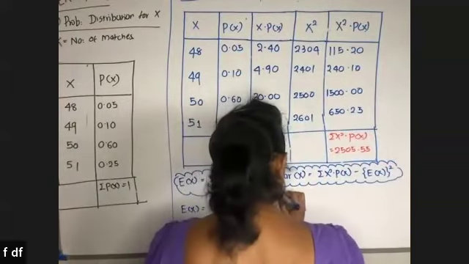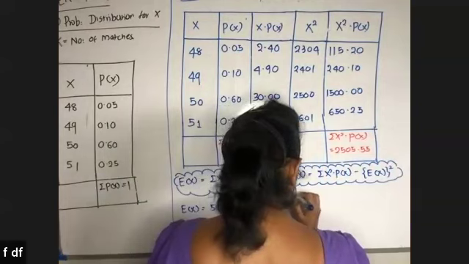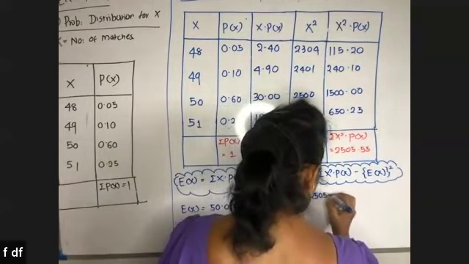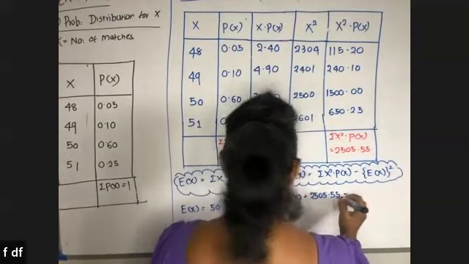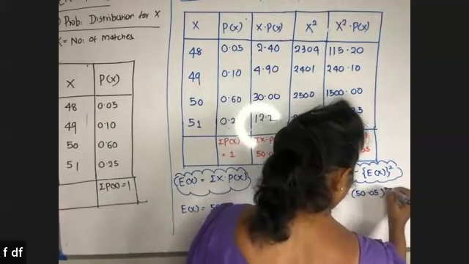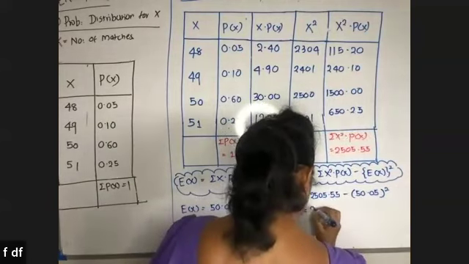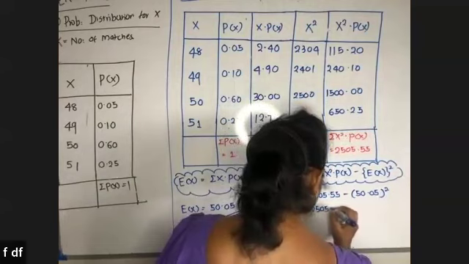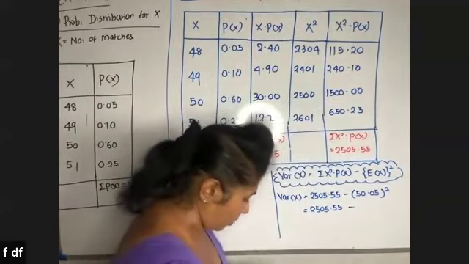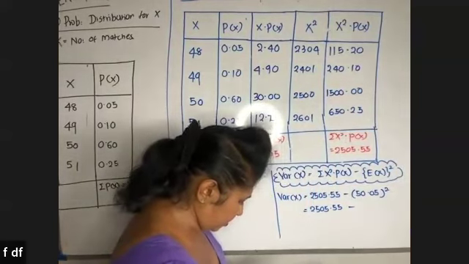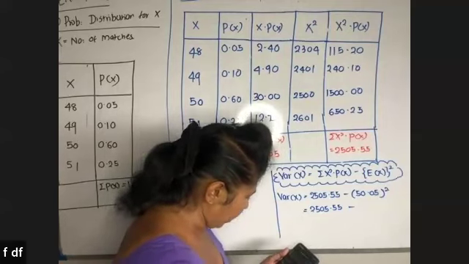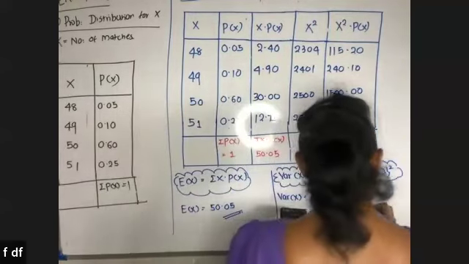So Var(x) is 2505.55 minus the square of 50.05, that is 2505.00.